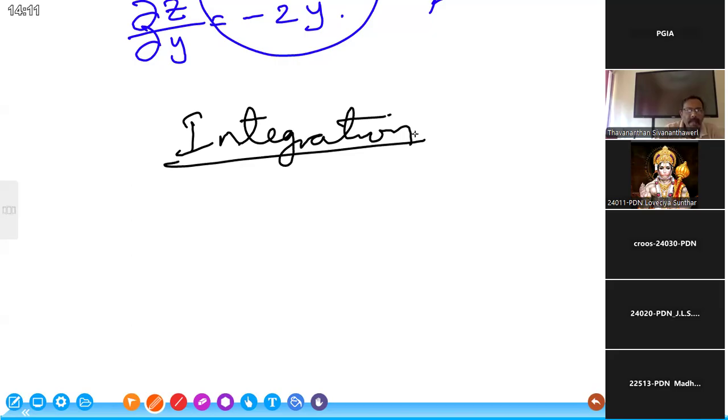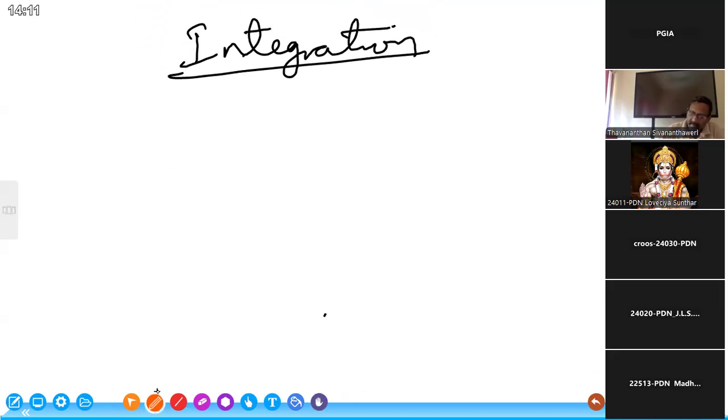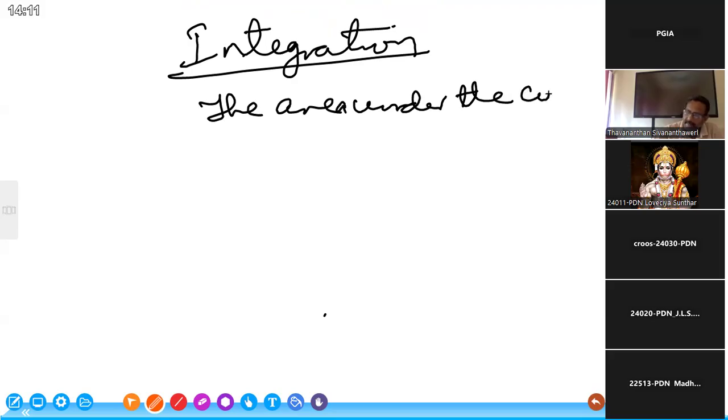Before we talk about integration, let's look at some concepts behind the area under the curve.